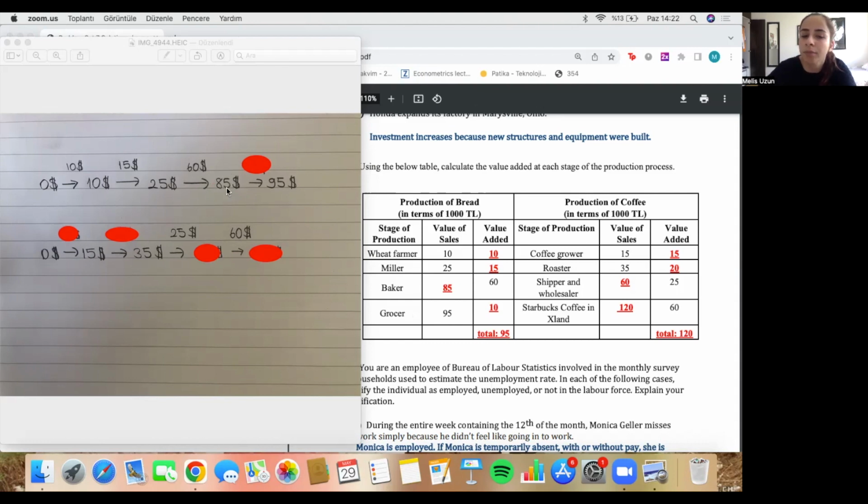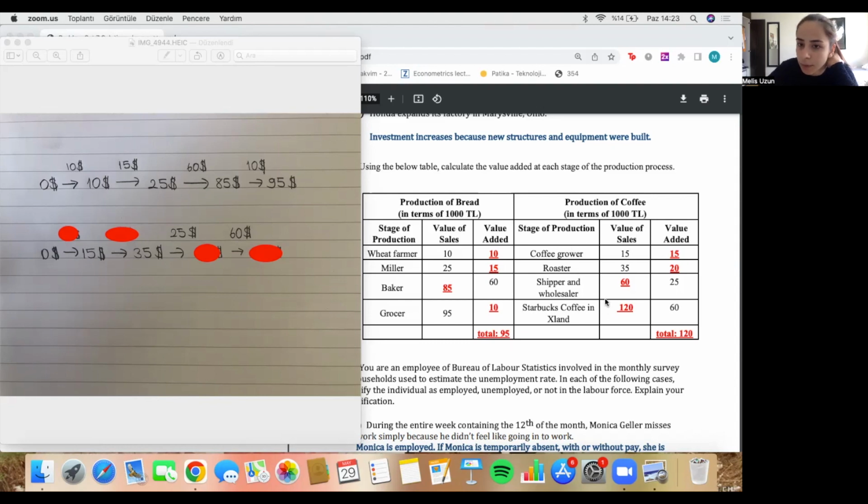Groceries bought it for $85, and he or she sells it for $95. So the value added from the groceries, 95 minus 85, is $10. I hope it's clear. Then you will add 10, 15, 60, and 10 together, and you will find that the total value added is 95.